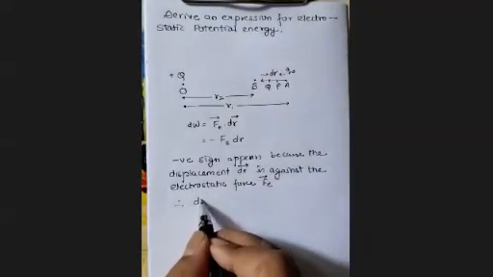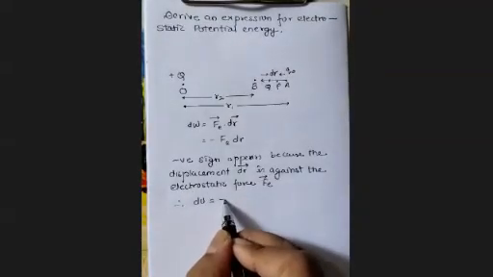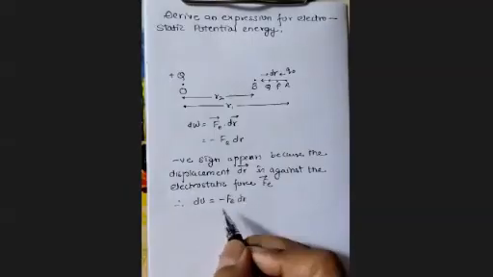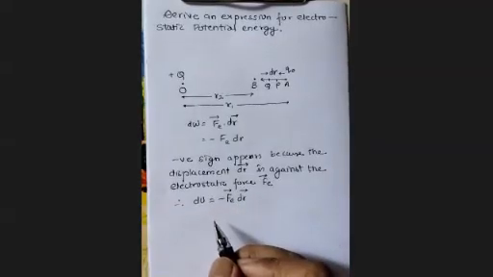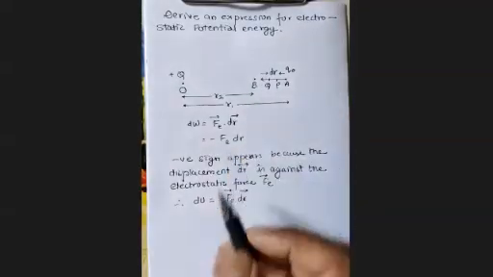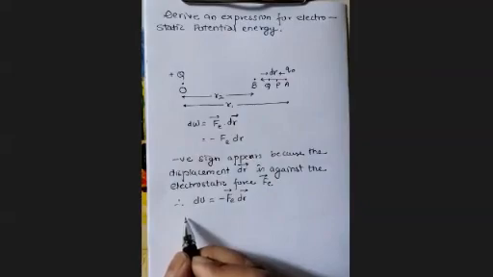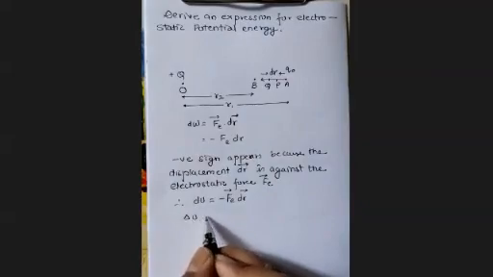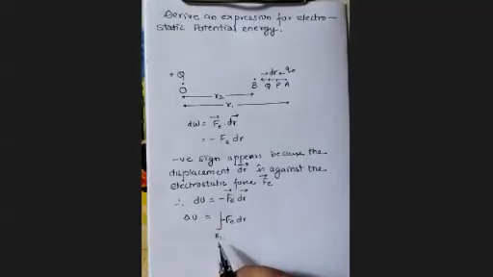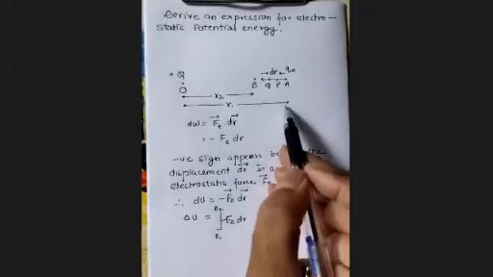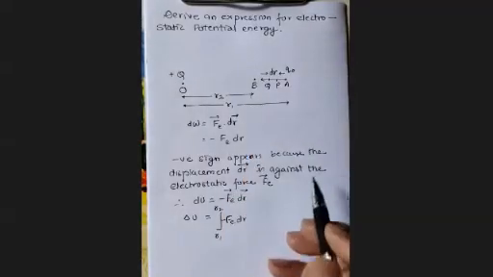Therefore, dU will be equal to minus Fe into dr. Now, if we want the total work performed or the total potential energy from A to B, then the total energy delta U will be equal to the integration of minus Fe dr from R1 to R2, displaced from R1 to R2.